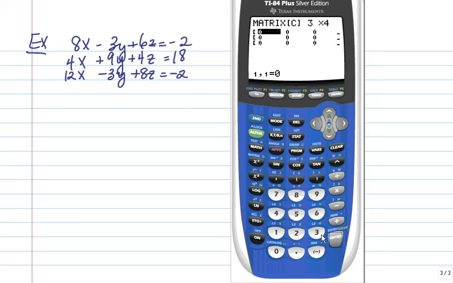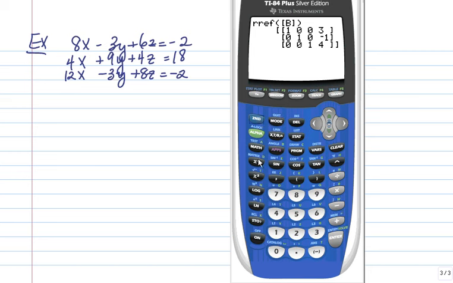Our augmented matrix would be 8, negative 3, 6, negative 2, 4, 9, 4, and 18. Then 12, negative 3, 8, and lastly negative 2. Enter. So quit that function.